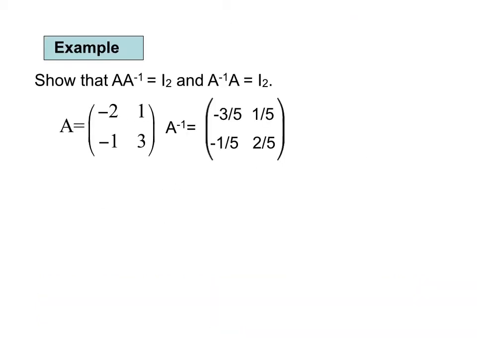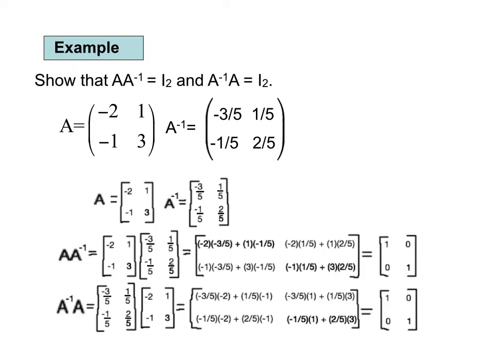Now, let's look at an example. If we're given the matrix A and A inverse, we need to prove that it is actually A inverse by proving that A times A inverse equals I2 and that A inverse times A equals I2. So, let's perform the multiplication.